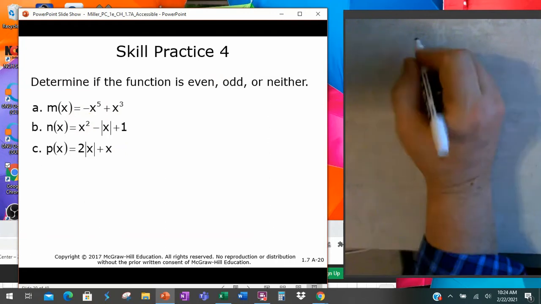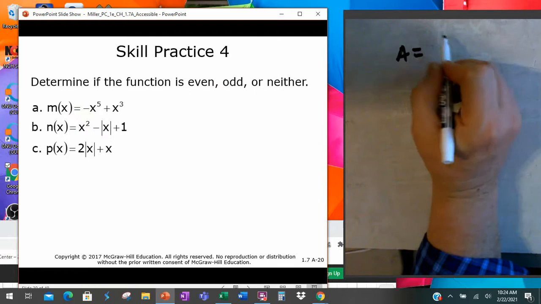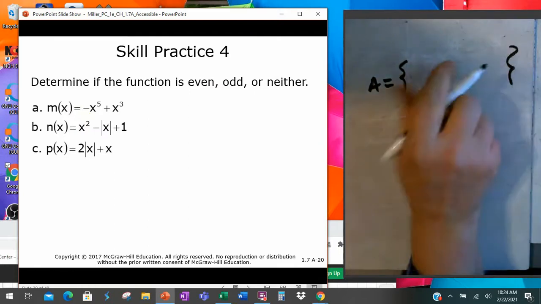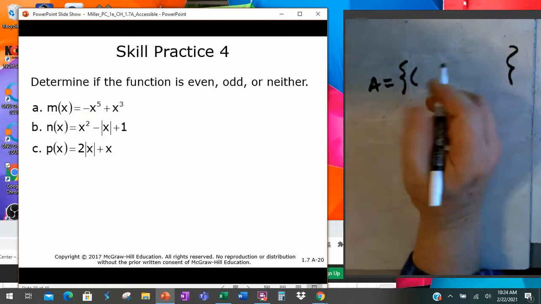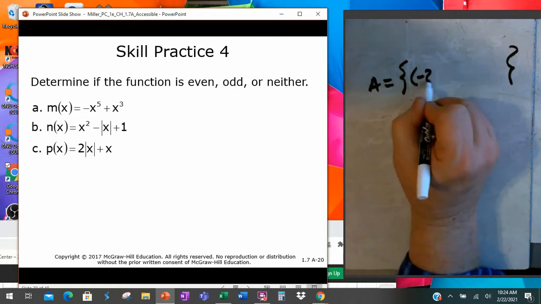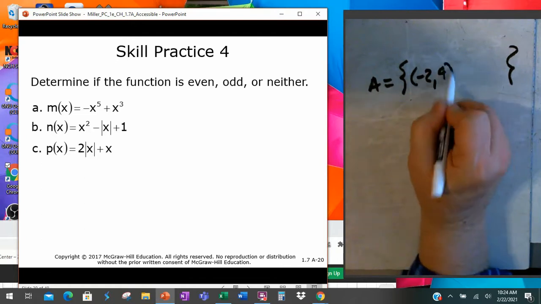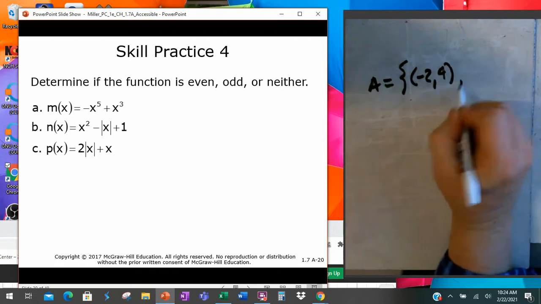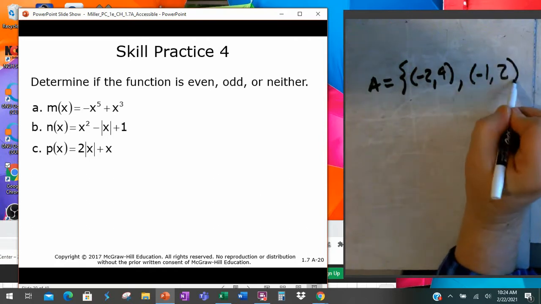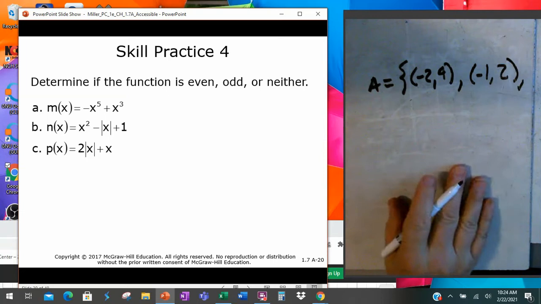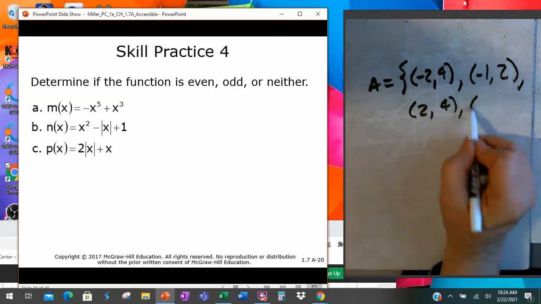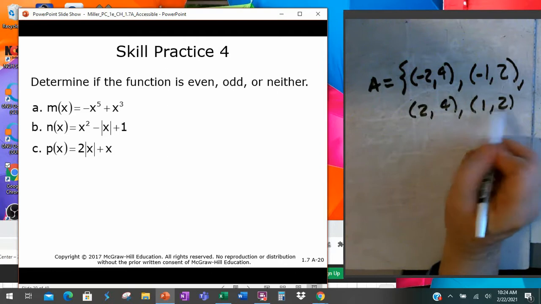For instance, if I had a set, here's my relationship, and I'm going to call them a function because I have this: -2 going to 4, -1 going to 2, then I have 2 going to 4, 1 going to 2.